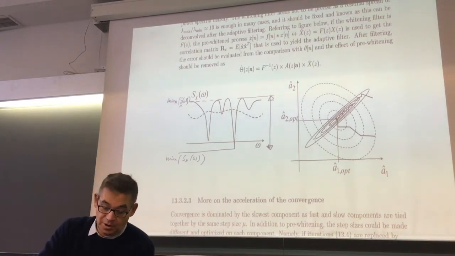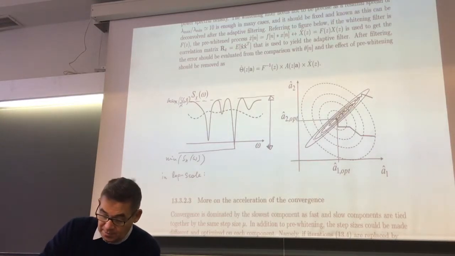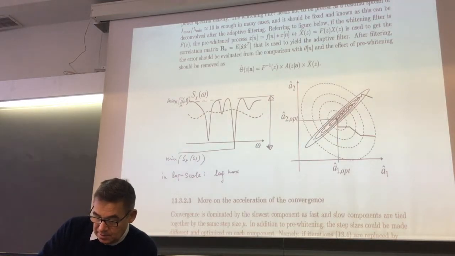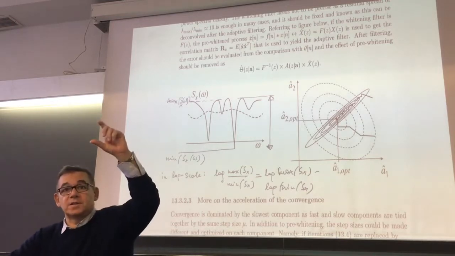Okay? So in log scale, let me write it. In log scale, that means that the log of max of X divided by min of X can be written as log of max of X minus log of min of X. So it's a distance, okay?